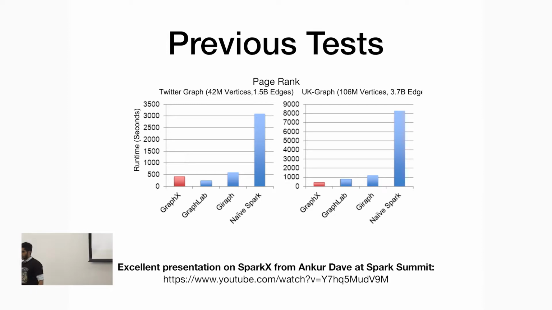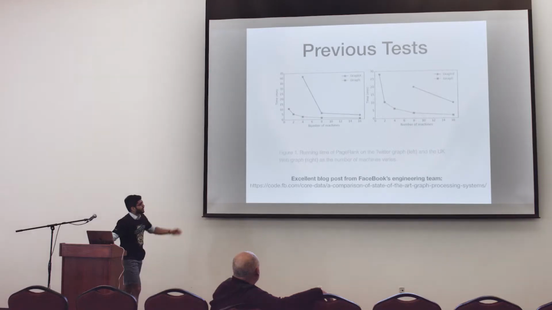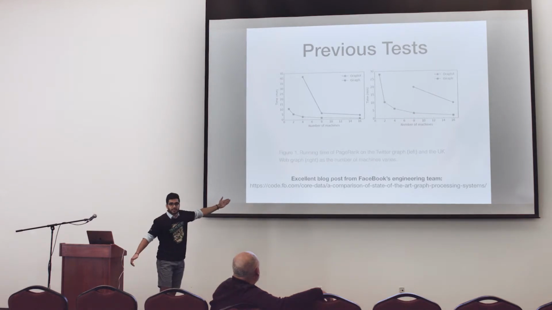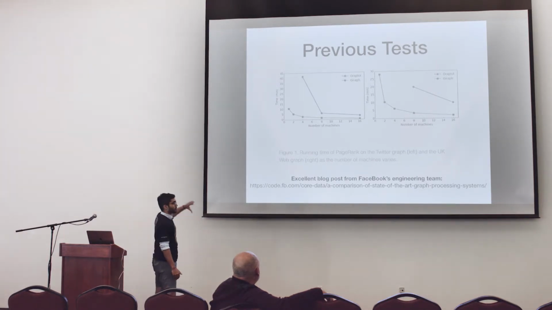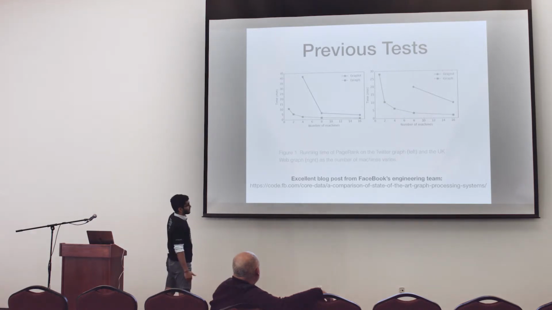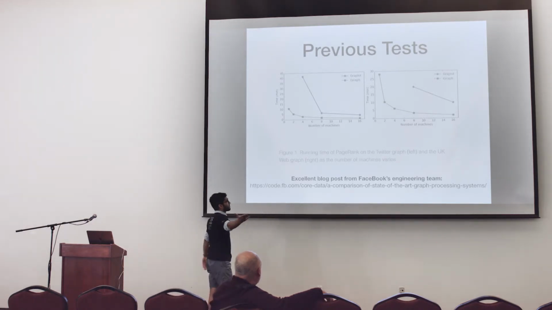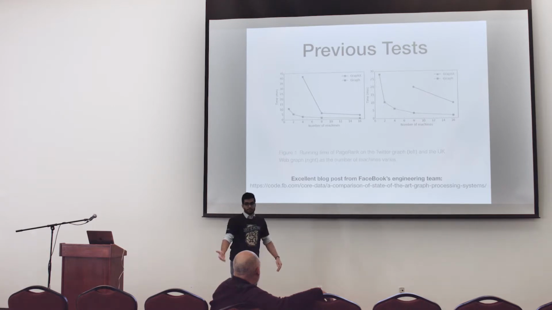Get started with that. But then I thought, hey, let's check out some of these other frameworks, like Giraffe. Here's Facebook claiming that Giraffe is a lot faster. So on one hand, I have somebody at Spark Summit saying, hey, GraphX is faster. Over here, somebody else is saying Giraffe is faster. Now I'm confused.